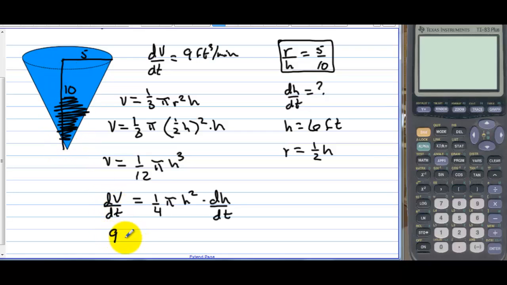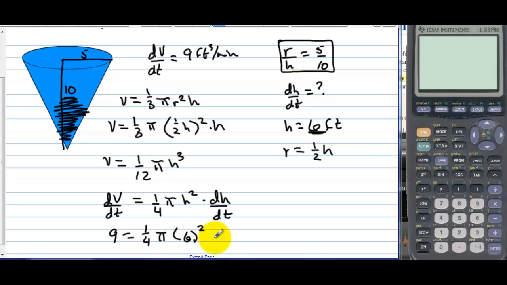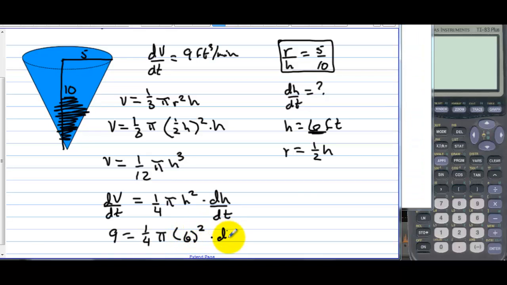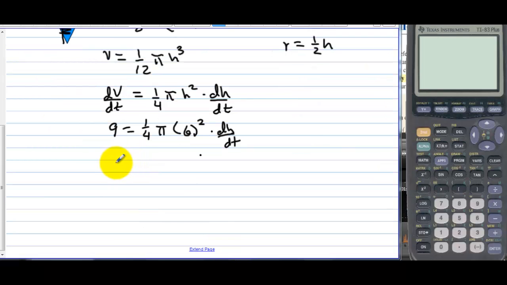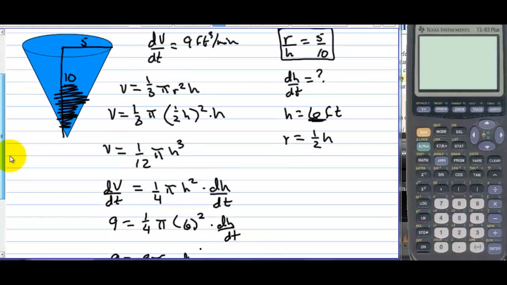So 9 equals 1/4 pi times h squared. We want to know all these values when h is 6, so we have 6 squared times dh/dt. We have 9 equals 36 divided by 4, which is 9, so we have 9 pi times dh/dt. Now when we divide by 9 pi, dh/dt is equal to 1/pi, and that is going to be feet per minute.